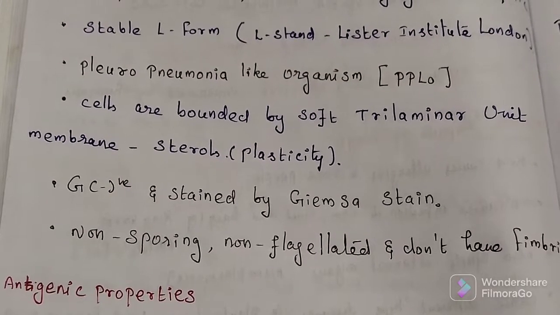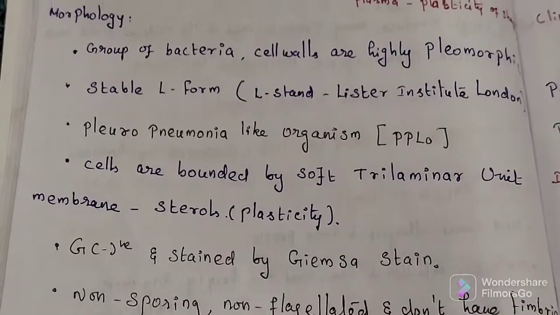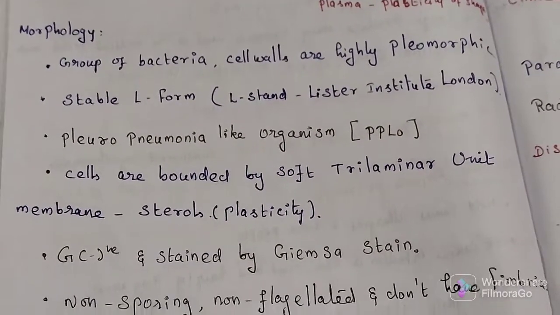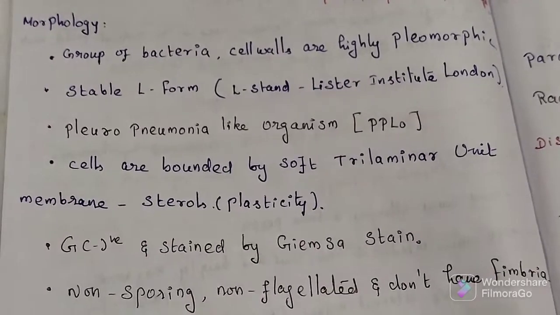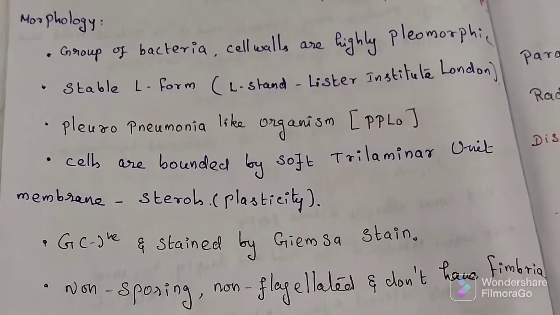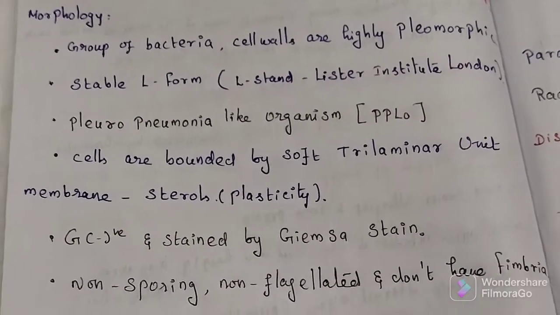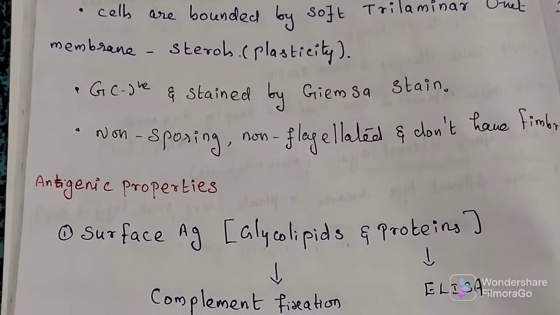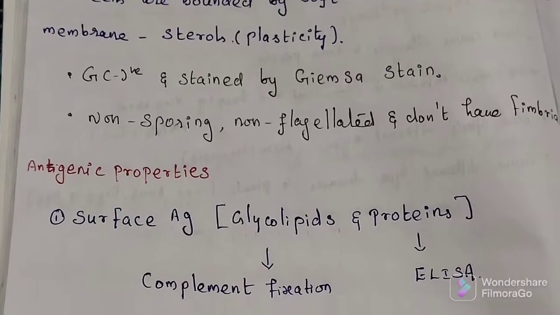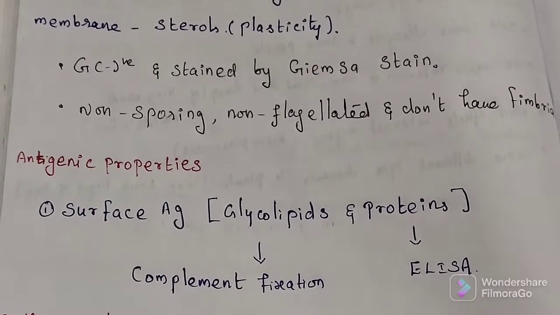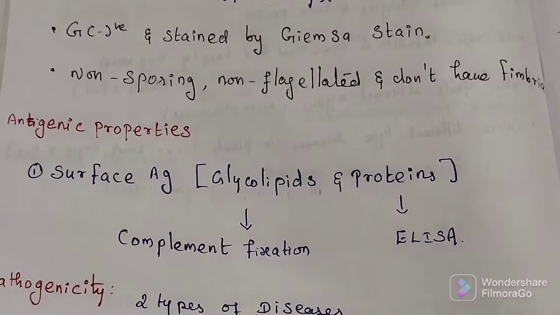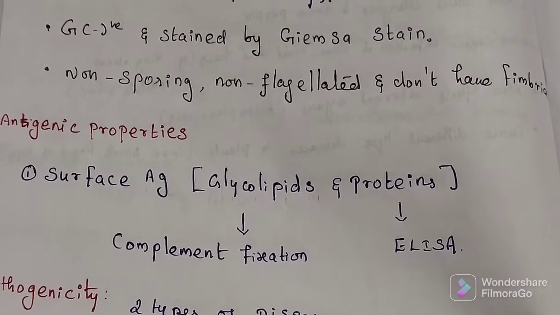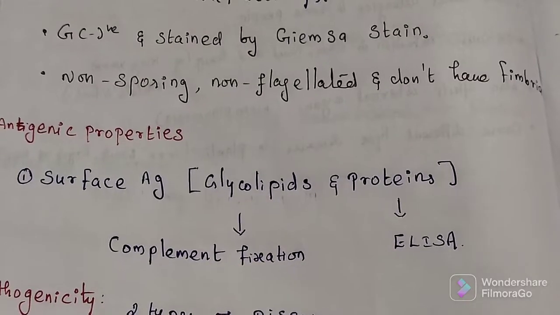Next, coming to antigenic properties. It is a pneumonia-like organism, gram negative, with special staining, Giemsa stain. Surface antigens include glycolipid and proteins. Glycolipid is identified by complement fixation.